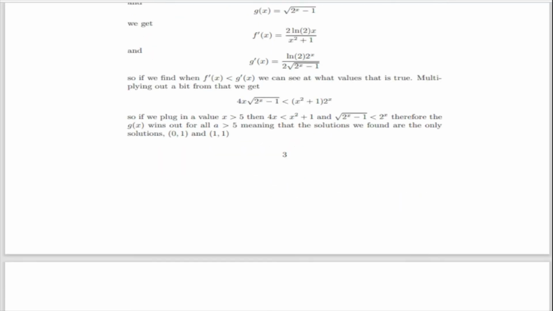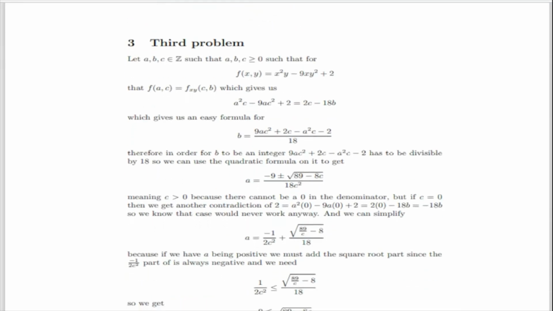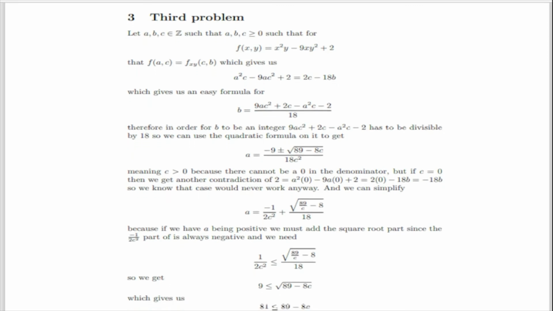There we go. The third problem. This one has 3 variables.